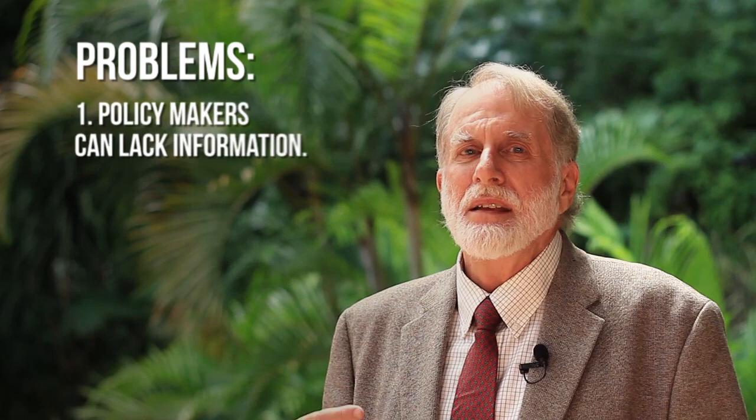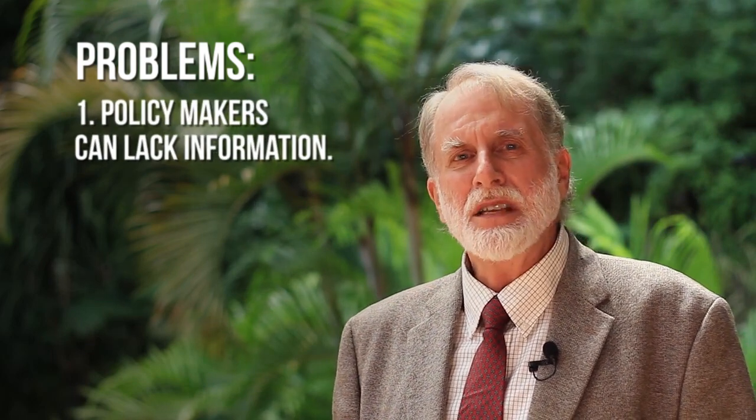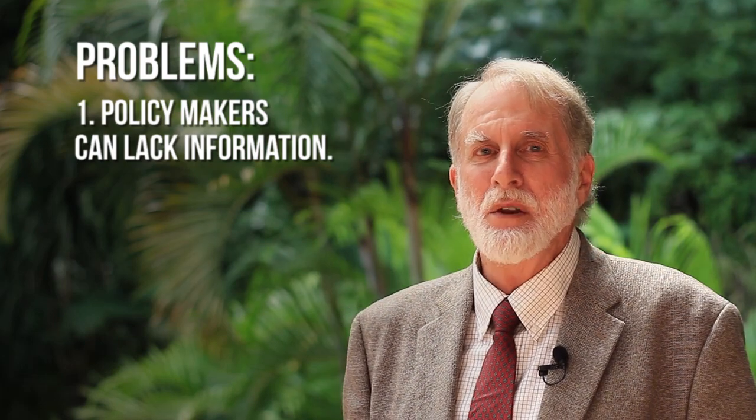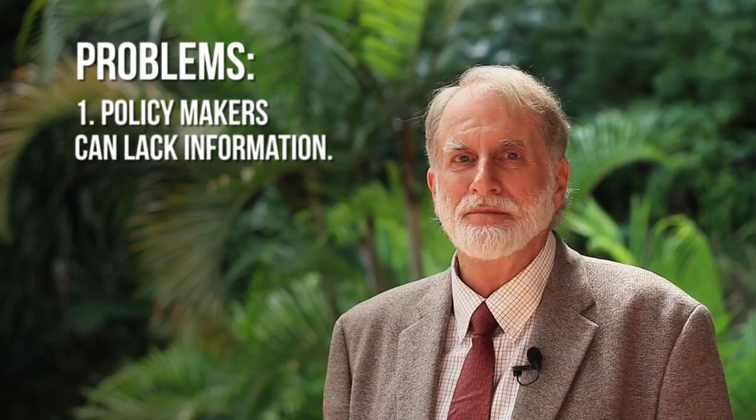Rather than just looking at the theoretically ideal outcome, we look at the way government actually works to make public policy. And there are two big problems that we run into when the government organizes public policy. The first is information, that policymakers might not have all of the information that they need in order to find the optimal policy.